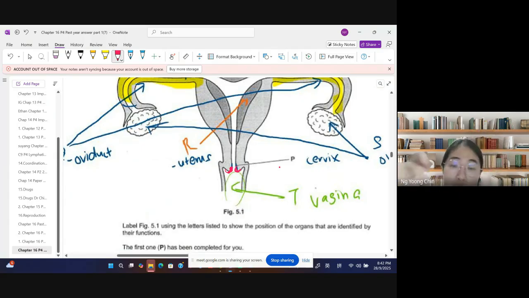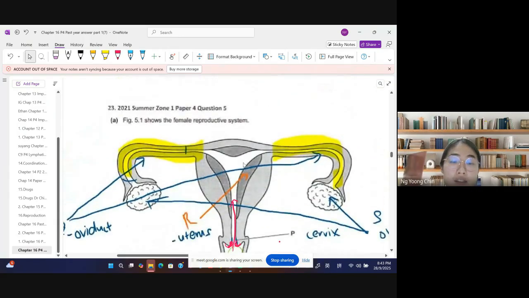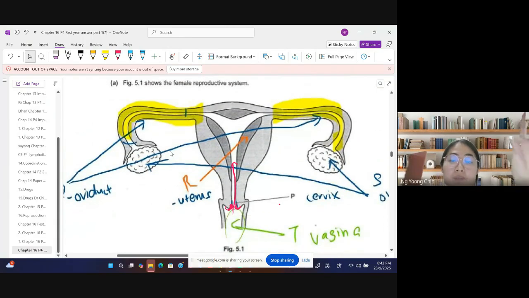The vagina is the site where the penis is used, and then they will release what we call sperm. The sperm can just swim up towards the oviduct to encounter the ovum.